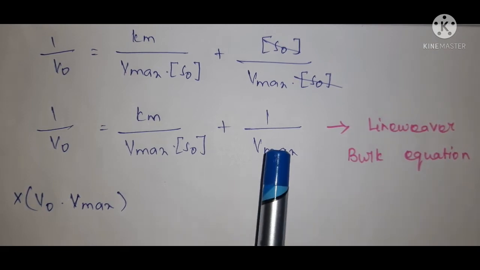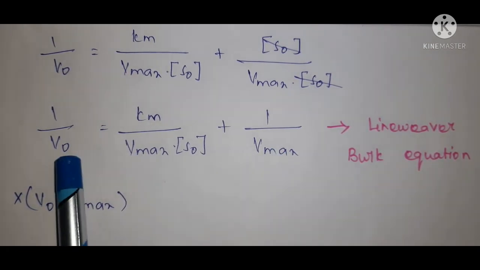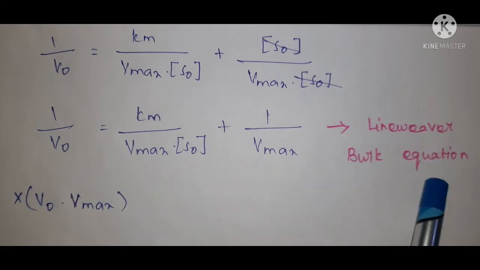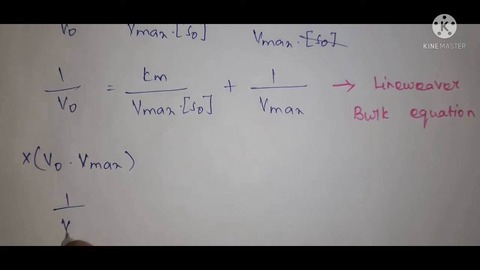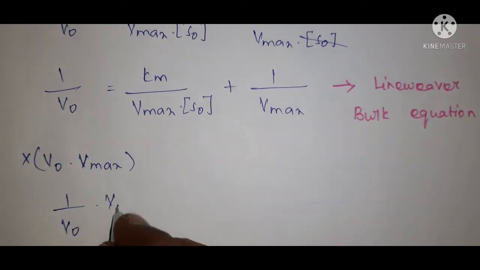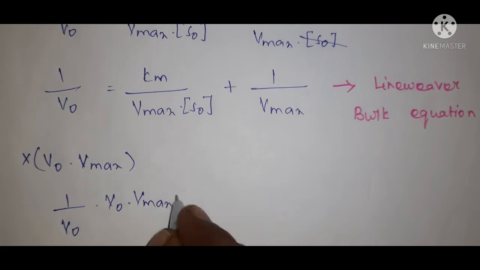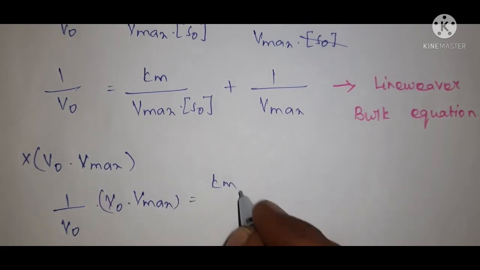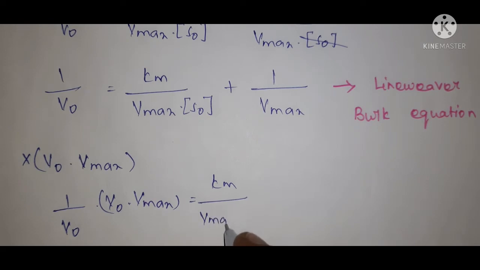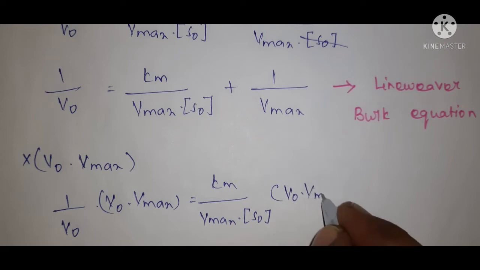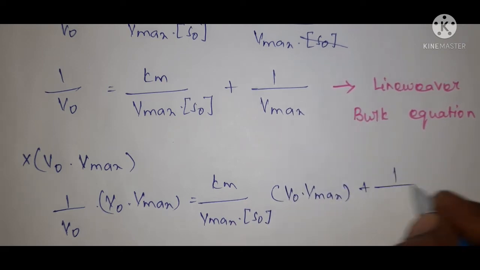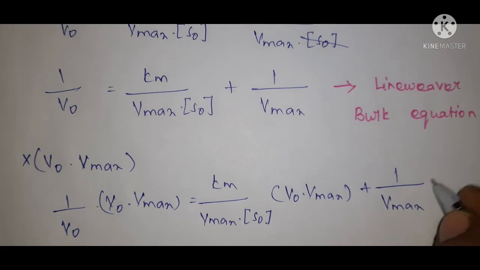To get the Eadie-Hofstee equation, you just multiply both sides of this Lineweaver-Burk equation with V naught into V max. So 1 by V naught into V naught into V max is equal to Km divided by V max into S naught into V naught into V max plus 1 by V max into V naught into V max.